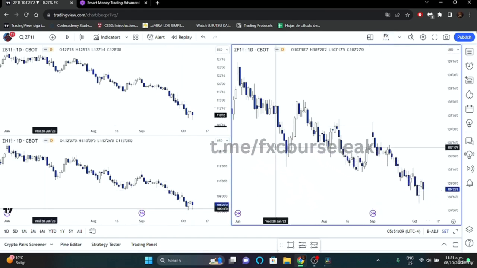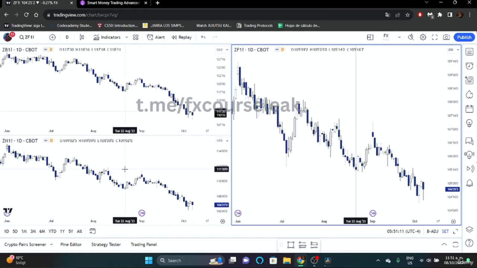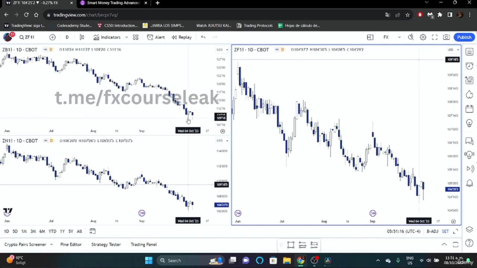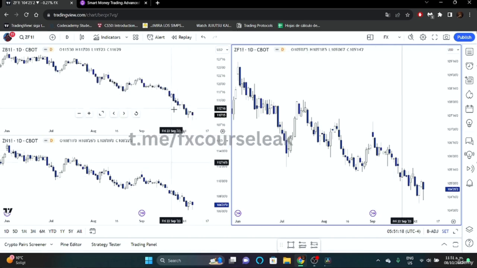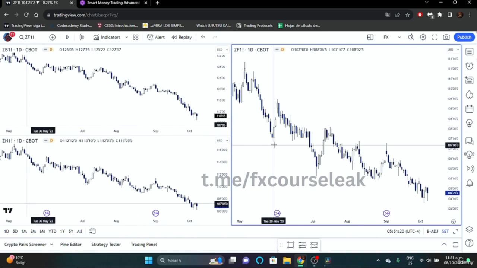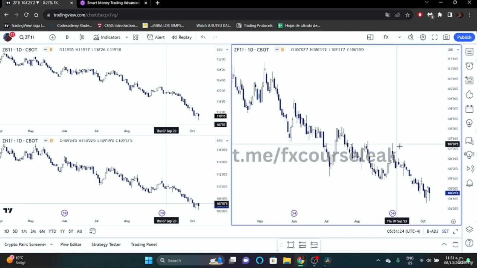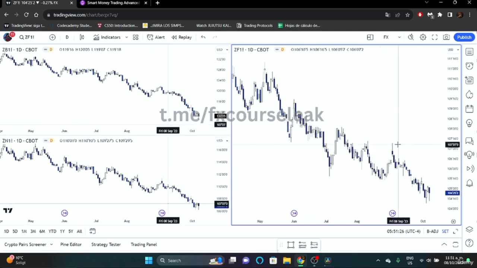Okay. As you can see here, look. These are correlated, right? Are they going all down together? Of course. Is there any sick pair and everything of that nature?